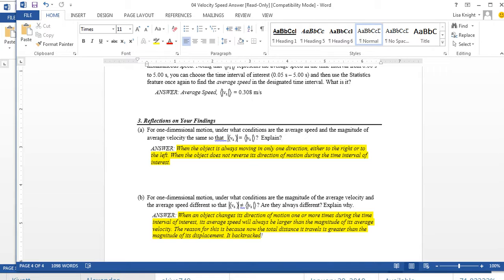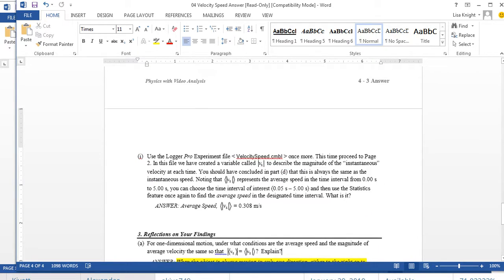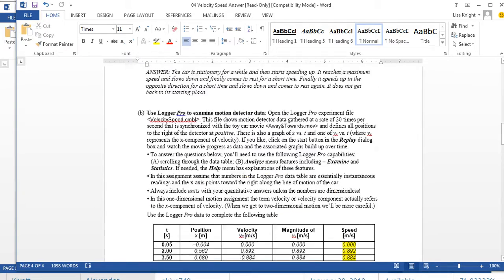And in B, when the object changes direction, the average speed and the average velocity will be different, because average speed is just the total distance over time, has nothing to do with direction, and average velocity is the total displacement over time. So if its displacement is not equal to its distance, then those values will not be the same. That's really the big point of this lab, to get you to understand that conceptual information.